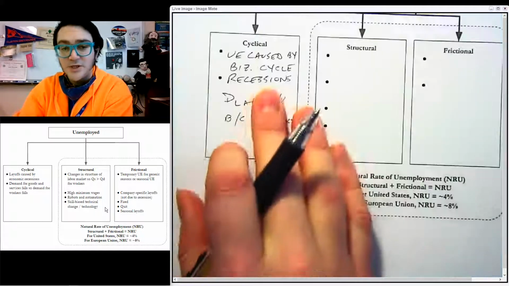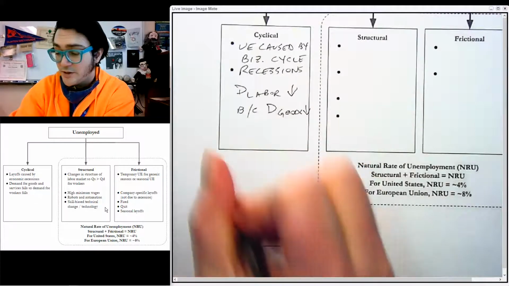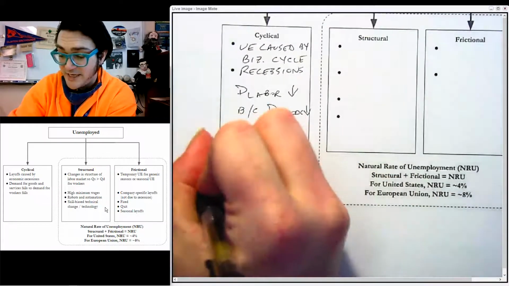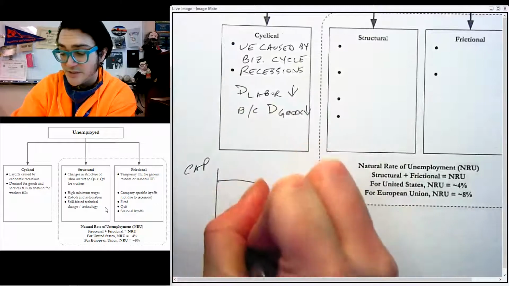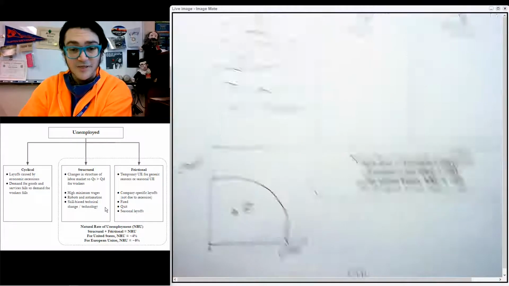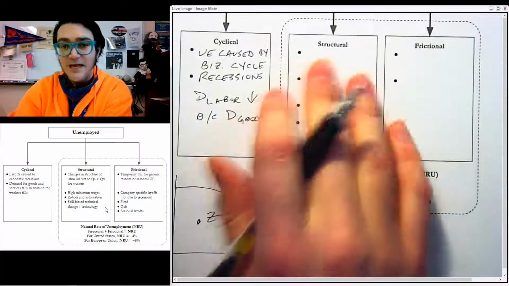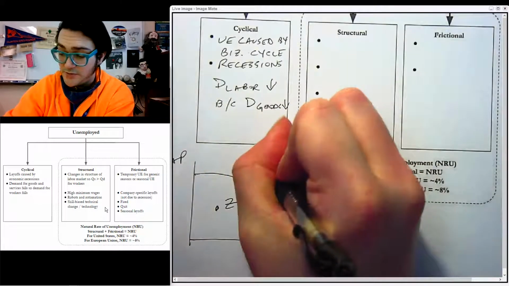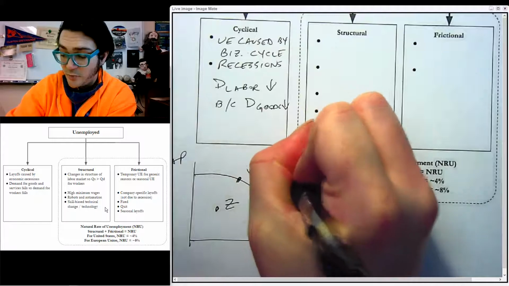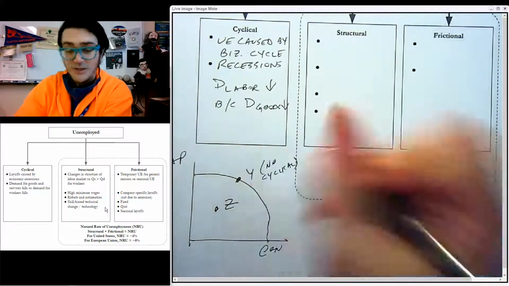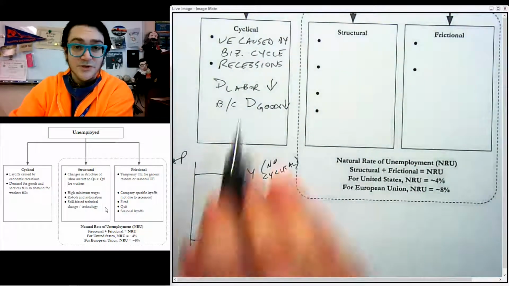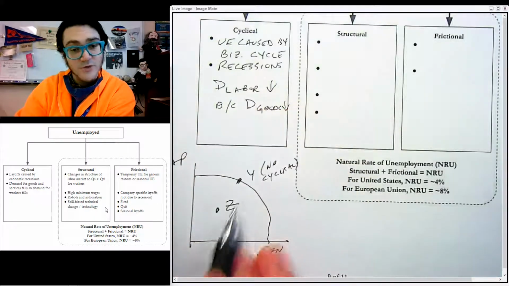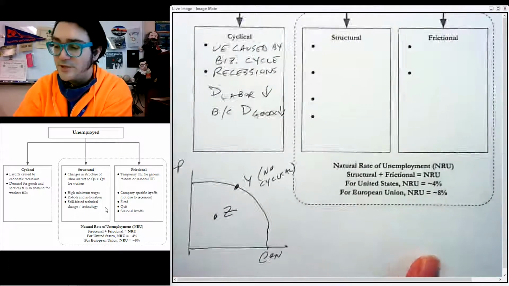If we have cyclical unemployment, we are in a recession. If you had capital and consumer goods, you would be somewhere beneath the PPC. If you have no cyclical unemployment, then you are on the curve. If you're below the curve, you have cyclical unemployment.